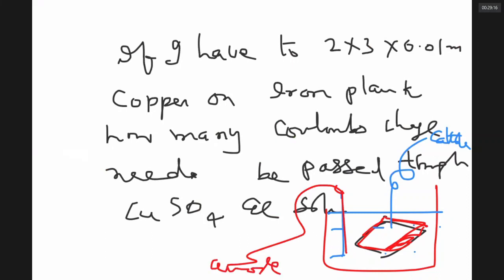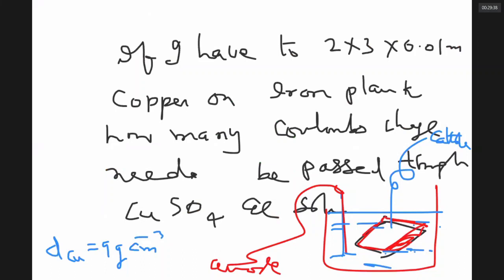You take copper sulfate solution as electrolyte. My problem is how many coulombs of charge I should pass to achieve this objective, if the density of copper is given as 9 grams per centimeter cube. Can we solve it, sir?